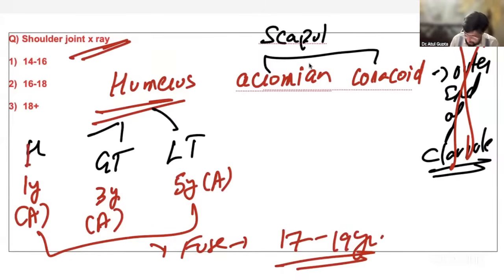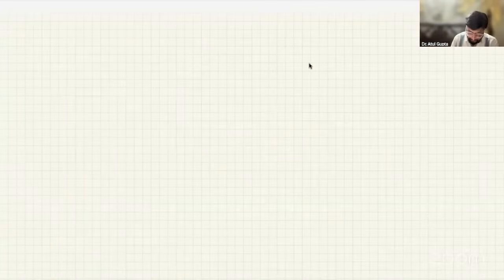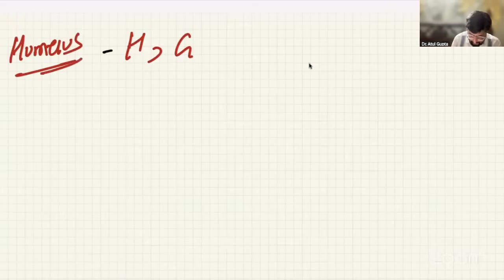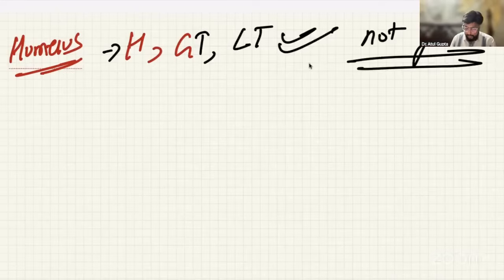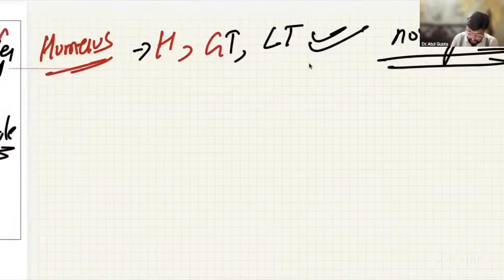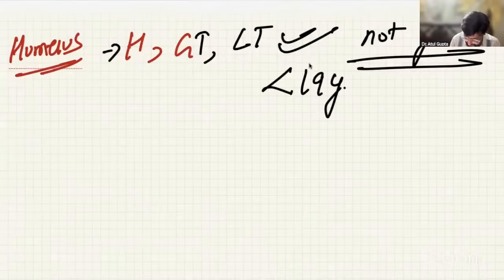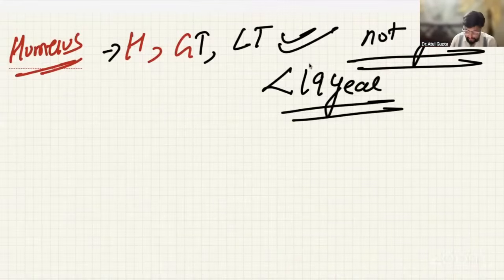What I could understand from the people is that the head, greater tubercle and lesser tubercle were present but not fused. Not fused means the age is less than 19 years.